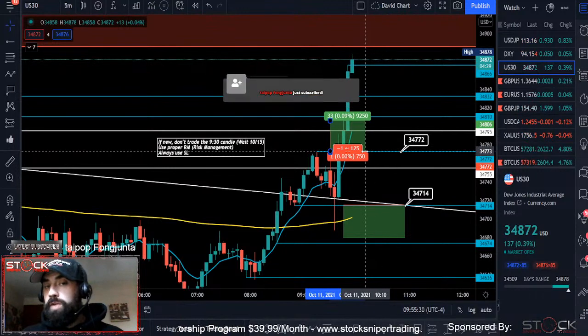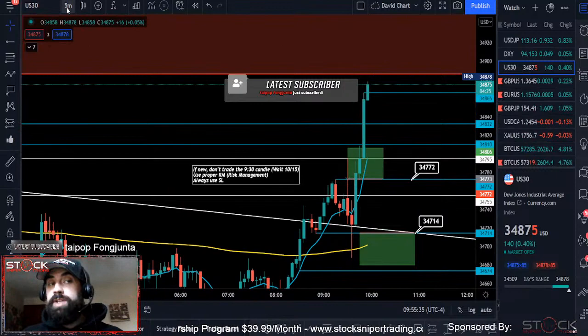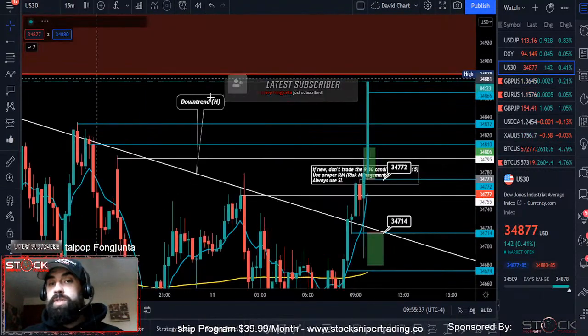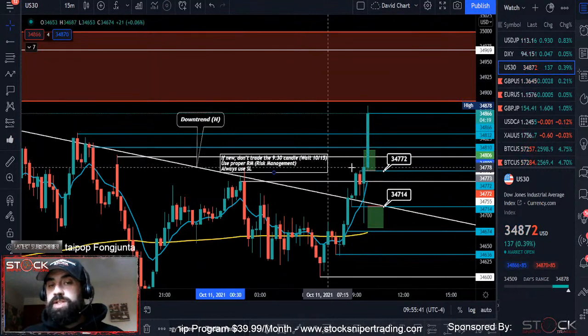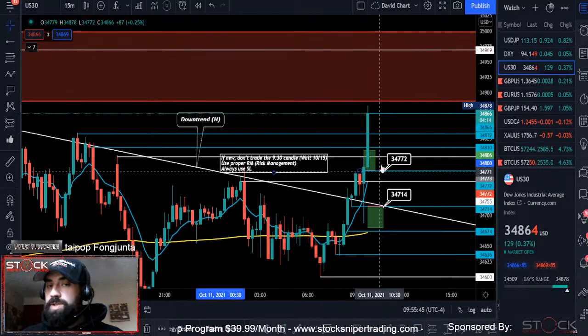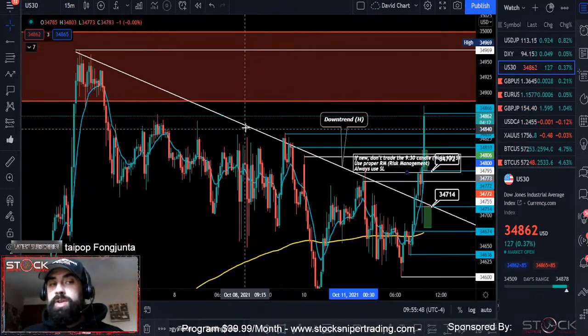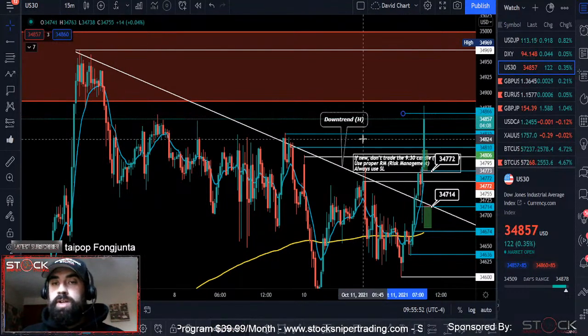So we're going to look for some kind of pullback here on US 30, unless this thing just really wants to ramp up and go into the daily supply for continuation. Look at this, guys, this is the 15-minute. Exact point, 34,772, bounced right off there, skyrocketed up. You can see now, guys, if I were to drag this over on the 15-minute, look at where we're at.